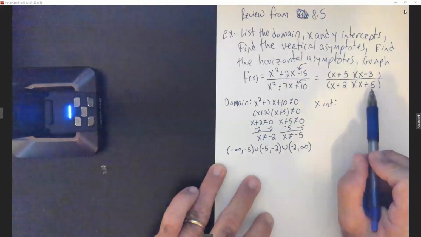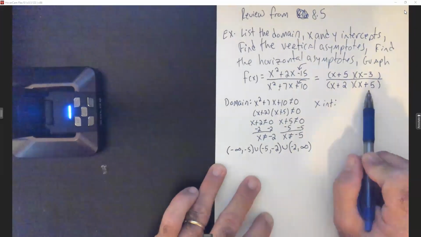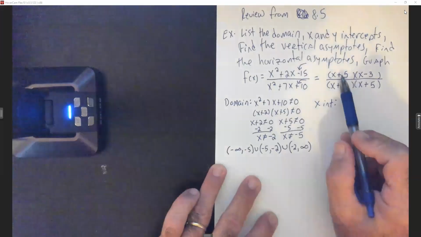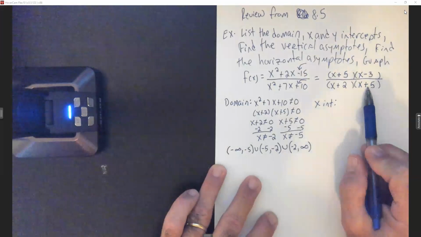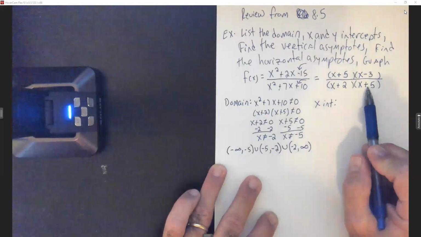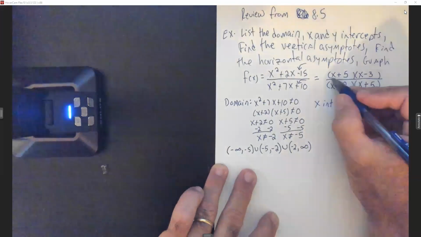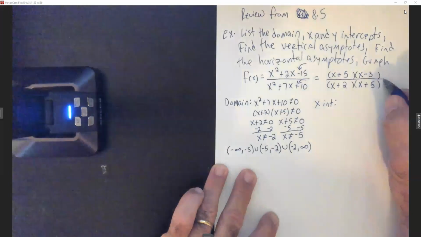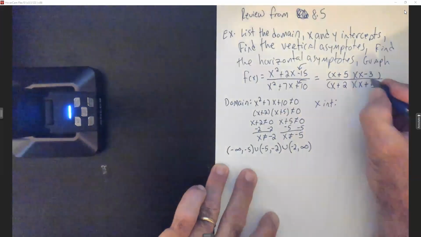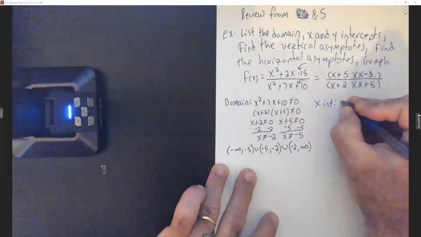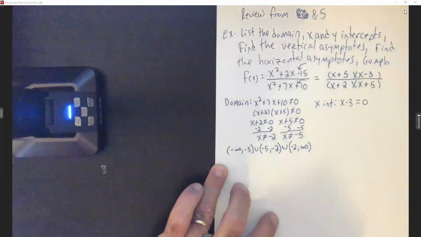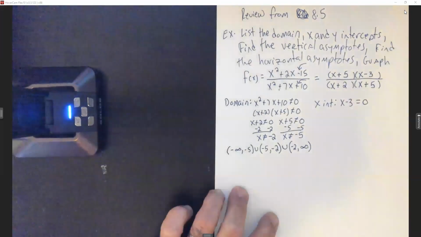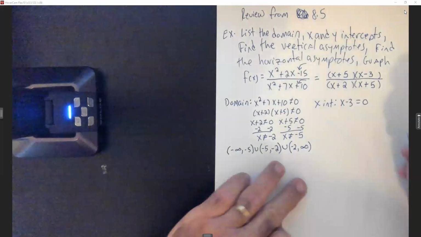It's going to cancel with this factor of x plus 5, because an x-intercept cannot occur where the function is undefined, okay? So what would happen on the x-intercepts, this x plus 5 would cancel with that x plus 5. So all I would have to do is take my x minus 3 factor and set that one equal to 0. So remember, we'll write this note on the side.